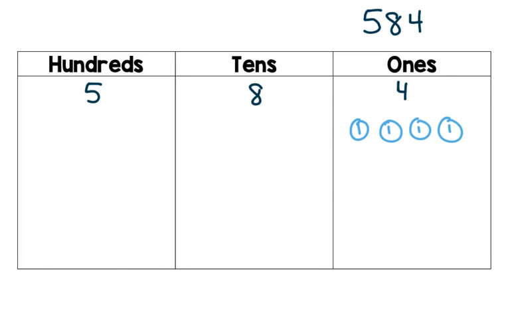Now I'm going to tell the value of those ones. For ones, I'm just counting the ones. So I have 1, 2, 3, 4. So the value of that 4 is 4. Let's take a look at the next one. It says that we have 8 tens. So I'm going to draw a picture to represent 8 tens.